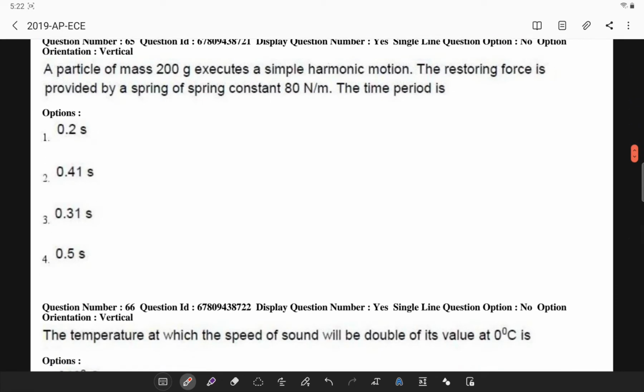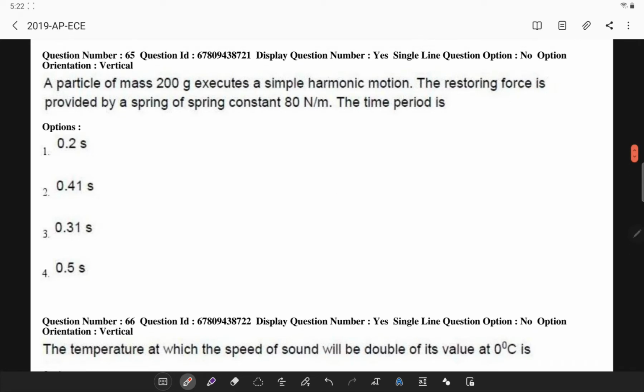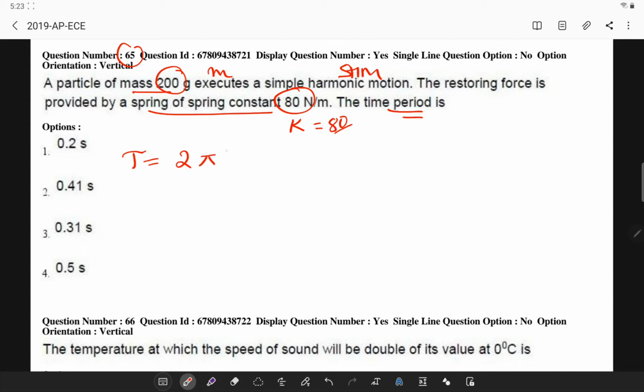So next, so given a particle of mass, here mass is given 200 grams, executes simple harmonic motion, and is also given the spring constant value as 80 Newton per meter. Is asking to calculate the time period. We have the time period formula T is equal to 2 pi into root m by k.